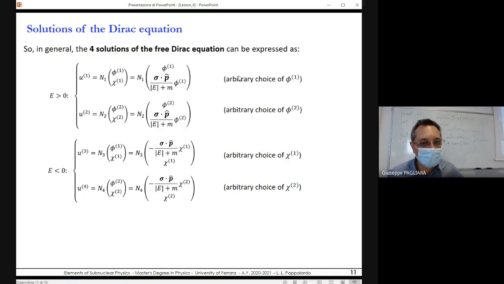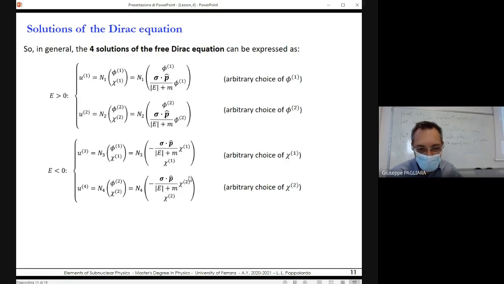So we take, for this case, an arbitrary choice of phi 1, and we obtain the corresponding results for the chi. We take an arbitrary choice for phi 2, and we have the corresponding results for chi 2. And opposite for the negative energy solution. So here we take an arbitrary choice for chi 1, and we get the solution for phi 1, an arbitrary solution for chi 2, and we get the solution for phi 2.